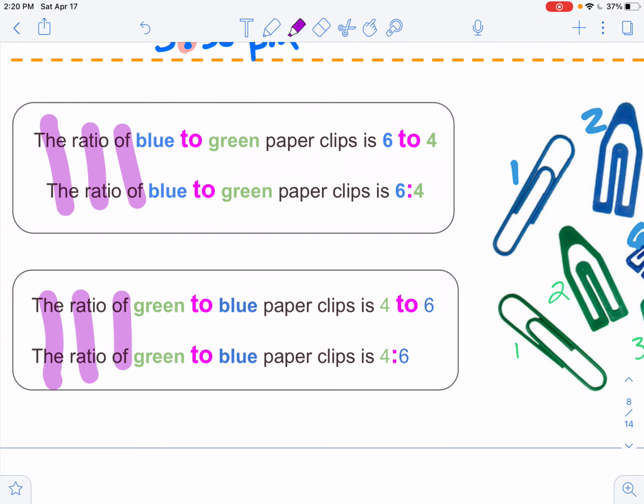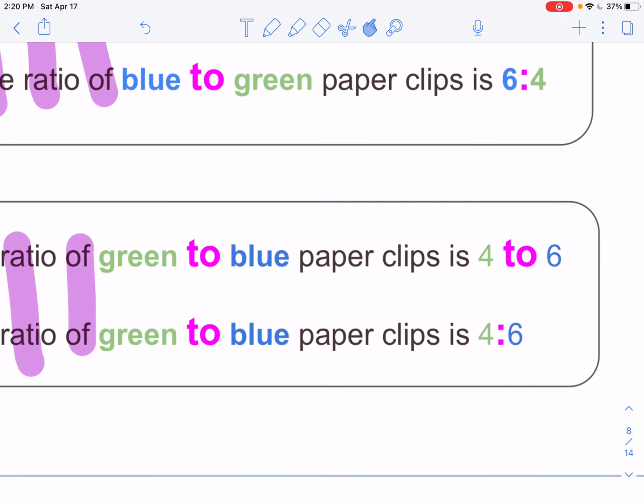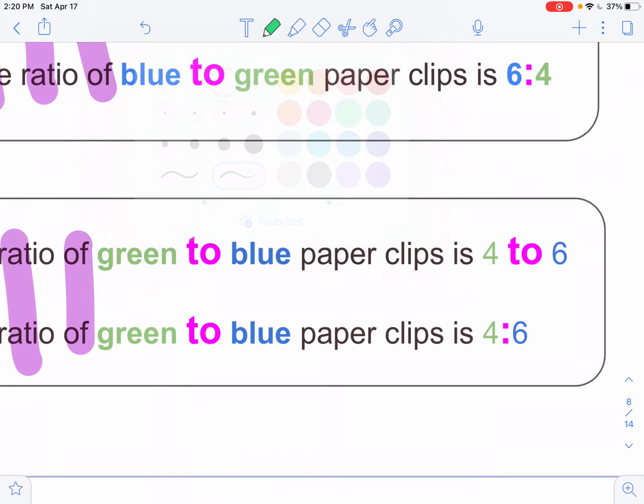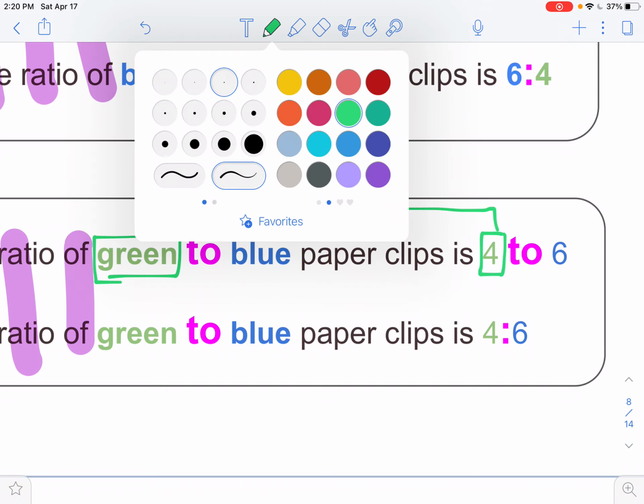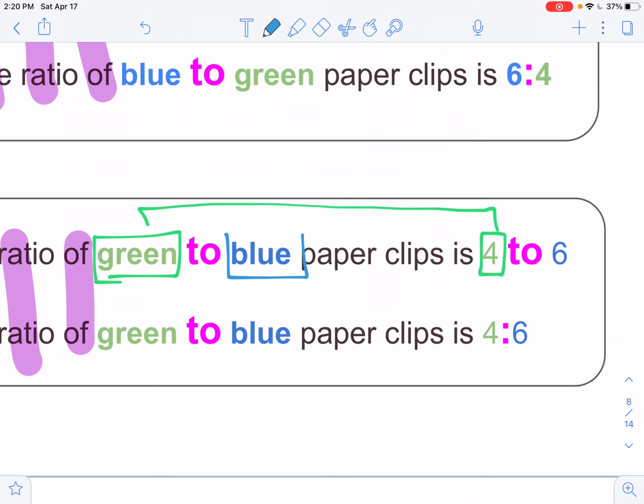In the bottom box, it says green. Green gets mentioned first, so this number in front of the TO has to go with green. The word after the TO is blue, so the number after the TO has to go with blue.